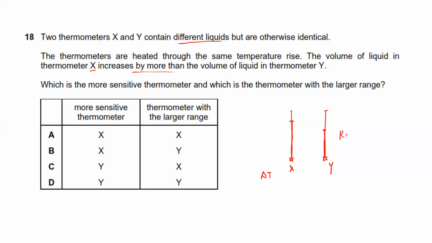So Y will have more range and X will be more sensitive. So more sensitive thermometer is X, not Y, and the thermometer with larger range is Y. So both ticks, answer B is the right choice we have.